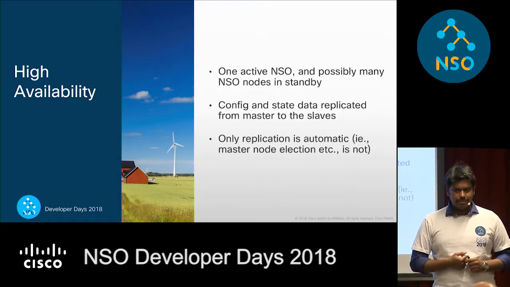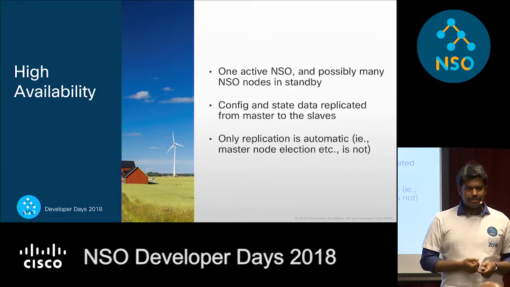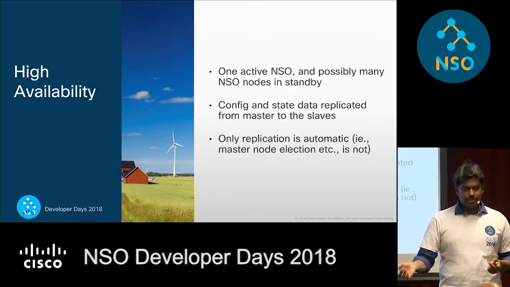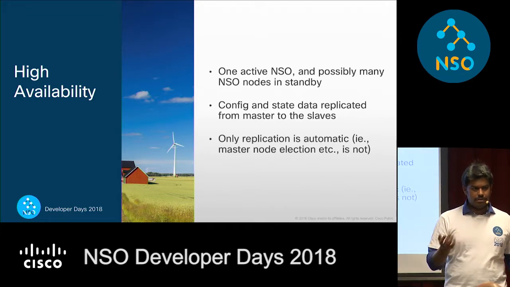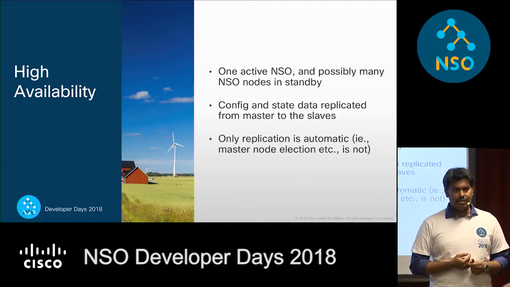Yeah, so the easy use case is the virtual IP. You have a virtual IP in both nodes, and if one of them is down, the other one is still reachable. Fixed network, so the device doesn't know which NSO it's talking to. It just talks to the address, and the address will be up in one of the nodes, hopefully.